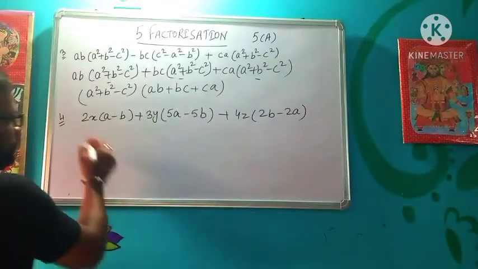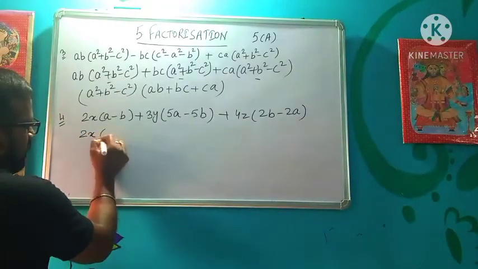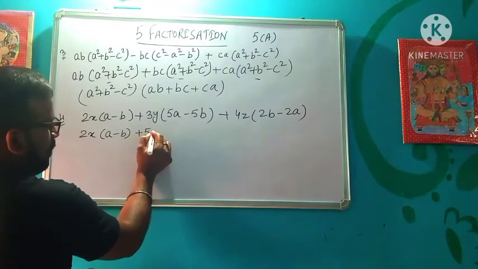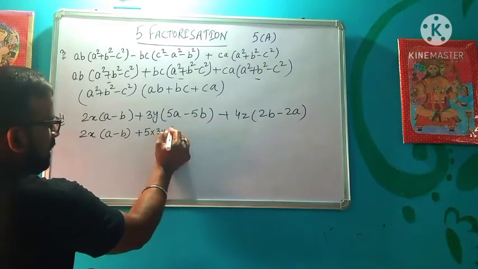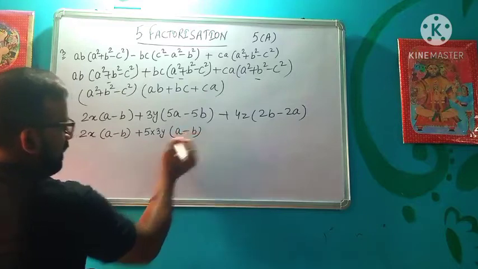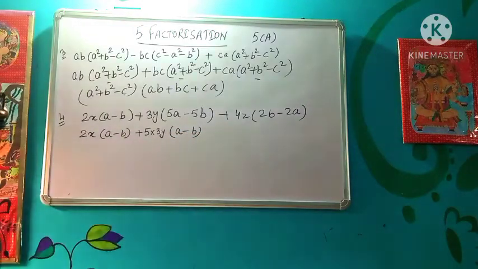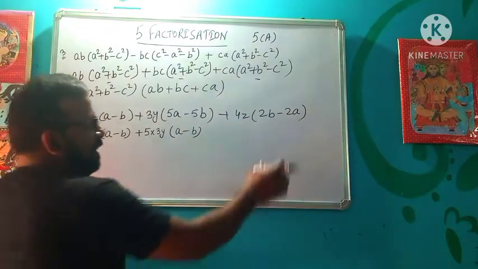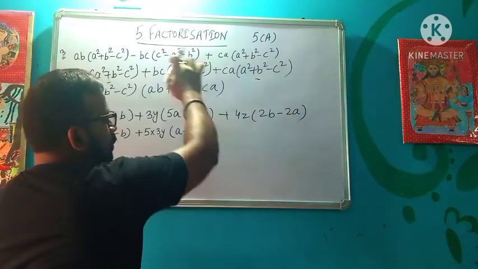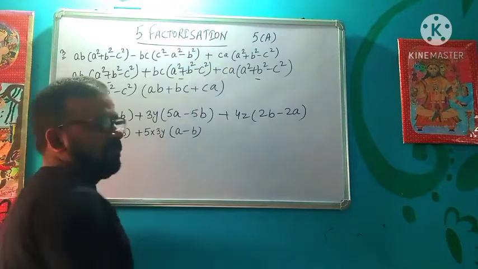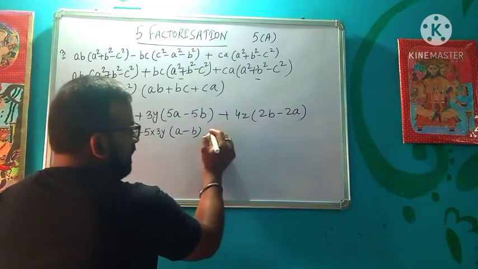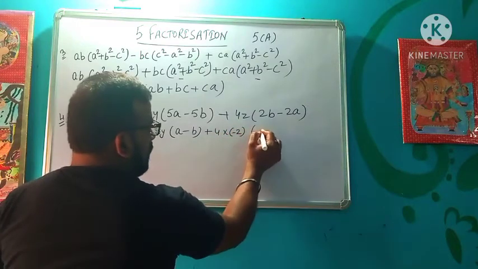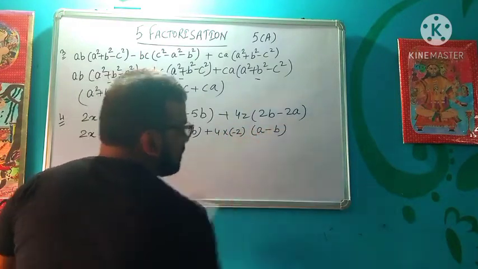So what I am going to do now is take 5 as common. When I take 5 as common, it becomes a minus b, and now it is a minus b, a minus b. Again, in order to change the sign, like how we have changed the sign by multiplying with the minus sign, I will take minus 2 as common. So again it becomes a minus b.